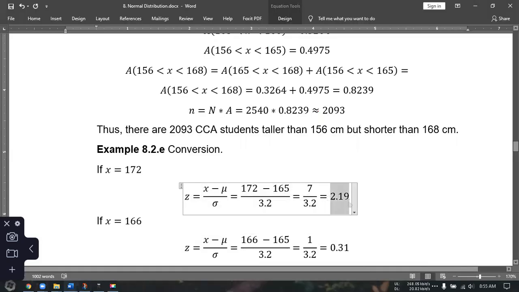We won't touch the z-score, just like before. We just use the z-score to find the area.